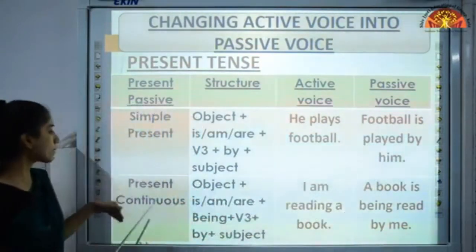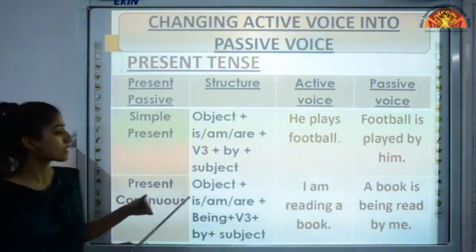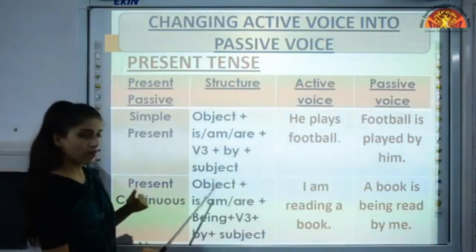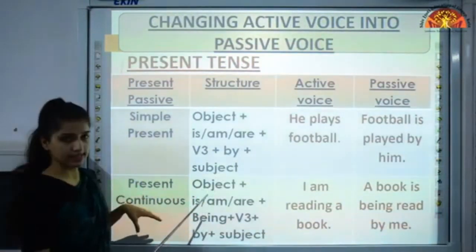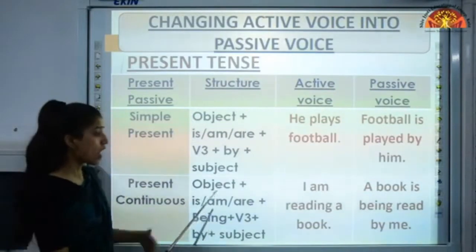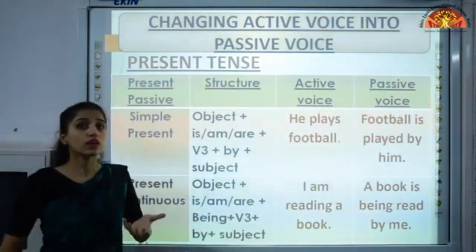Okay. Coming to the second tense, that is present continuous tense. You can see the structure of converting active voice into passive voice for this tense is object plus is, am, are according to the object.